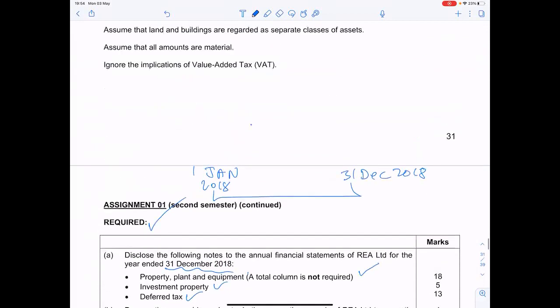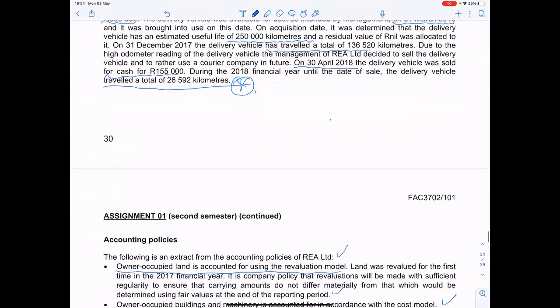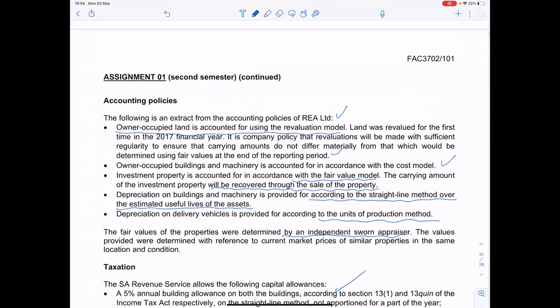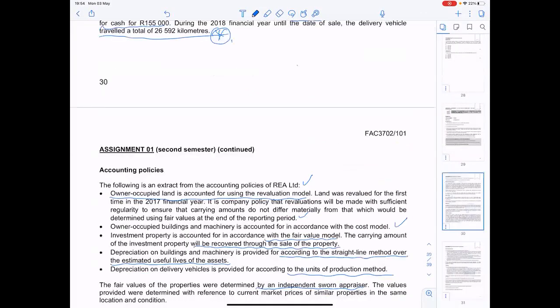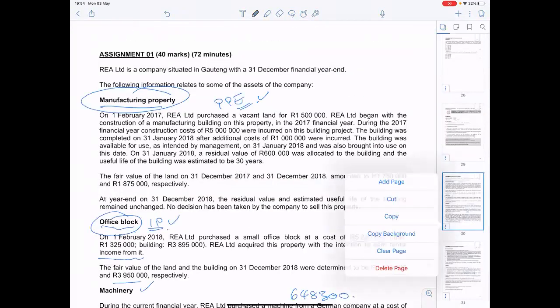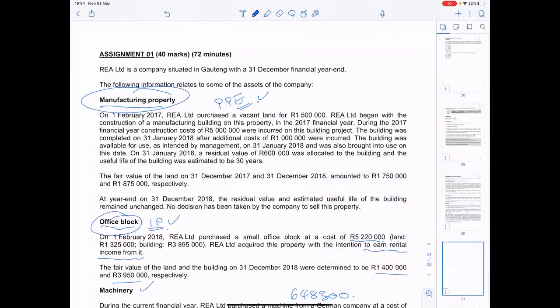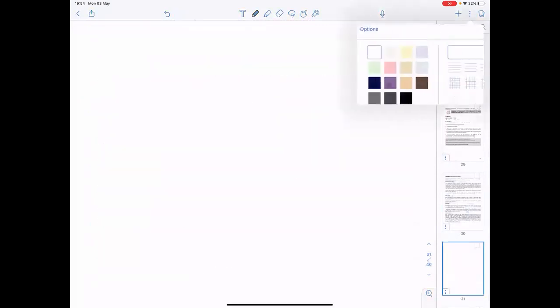And make sure that you start by having the template. Right, because if you don't show the template, there is no marks. If you don't disclose, you don't get any marks.